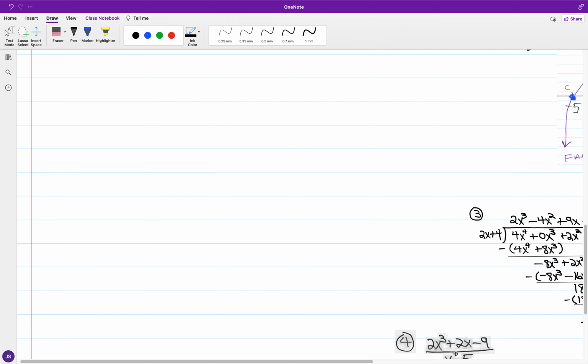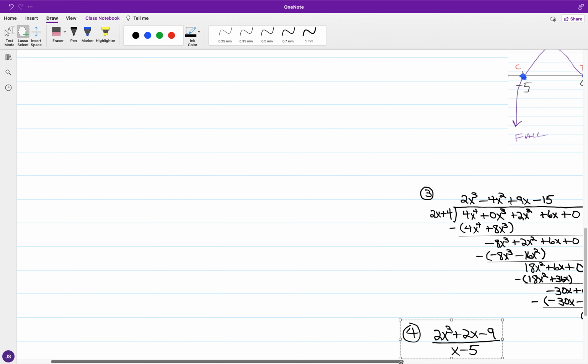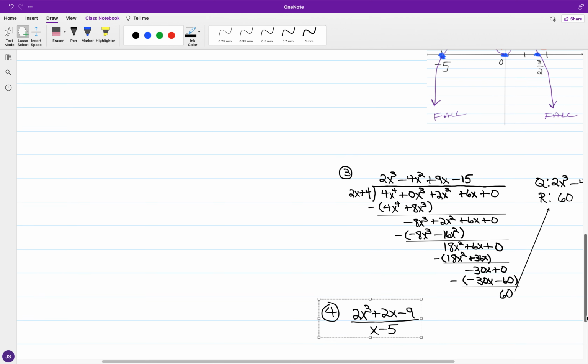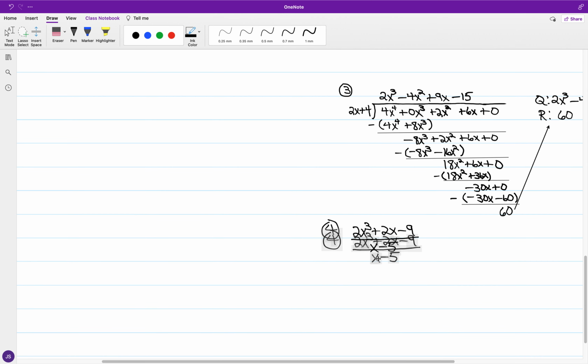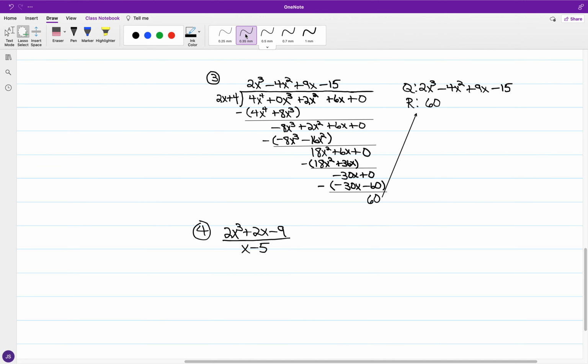So for this item, you've got 2x cubed plus 2x minus 9 all over x minus 5. And now if I set things up in terms of long division, the reason I'm doing this is just to make sure I'm not missing any degree terms.